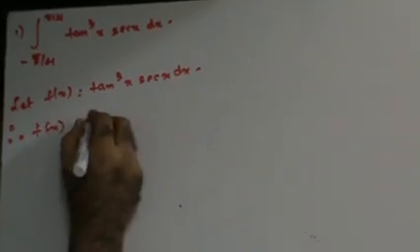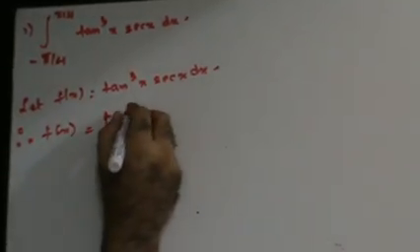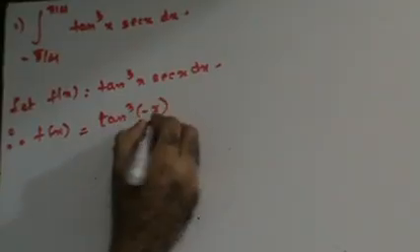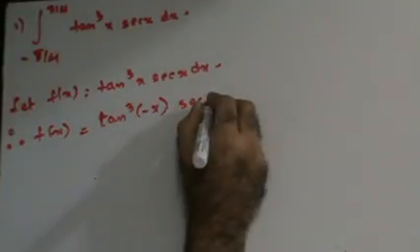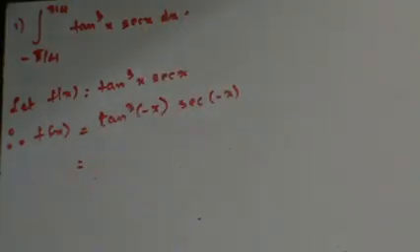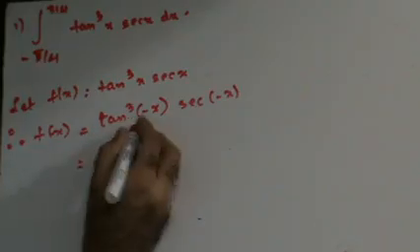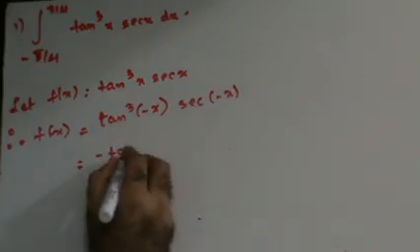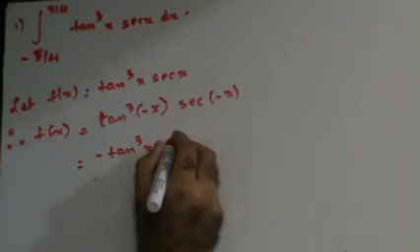Therefore, what will be f of minus x? Wherever there is x, substitute the value of x as minus x. Sec of minus x. Leave the dx out. Now tan of minus theta is minus tan theta. So tan cube minus theta is minus tan cube x. Sec of minus theta is sec theta.